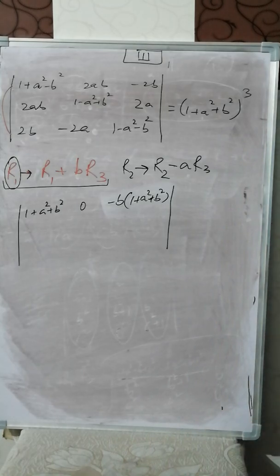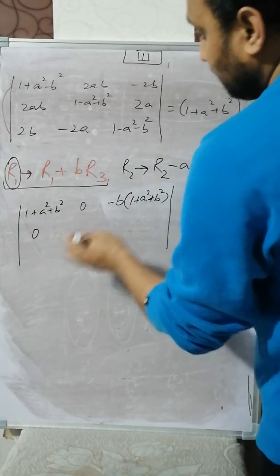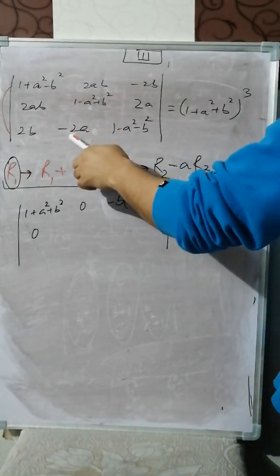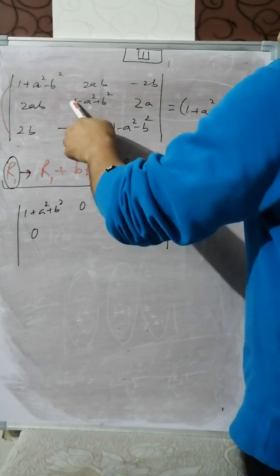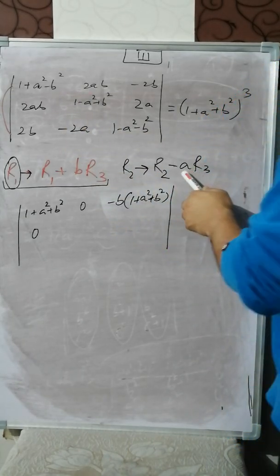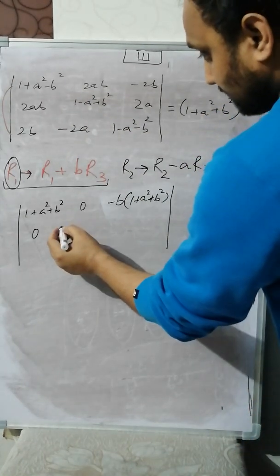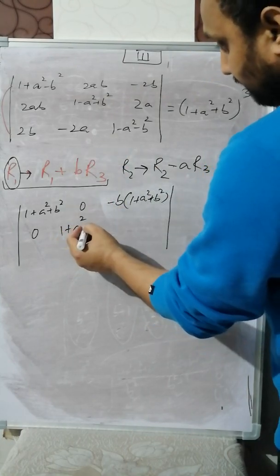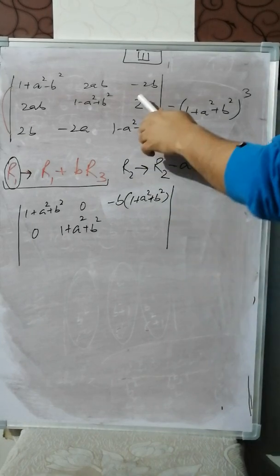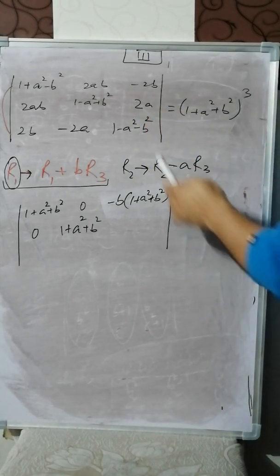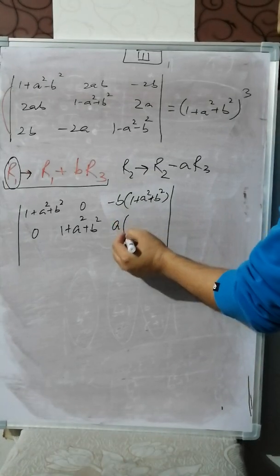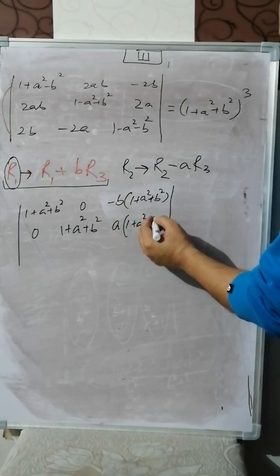है ना। And similarly on R2 what the operation was, this will be 0, this minus this, right? So R2 minus a times R3, this was 1 minus a times this plus 2 a square, that is a square plus b square, and when you apply this relation, so this is R2 minus a times this, a comes out and it will be 1 plus a square plus b square.